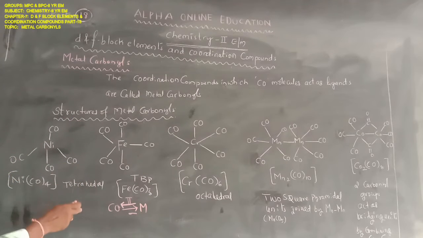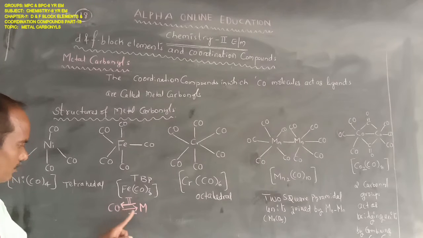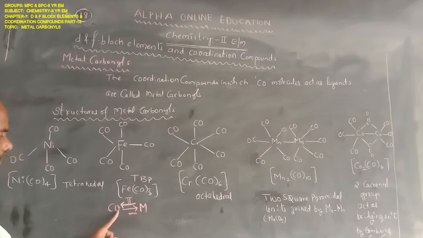In metal carbonyls, the bonding behavior is sigma and pi bonds. The sigma bond is formed from ligand to metal, because the ligand donates the electron pair to the metal. After formation of the sigma bond, the metal donates electrons to the vacant molecular orbital of carbon monoxide, and a pi bond is formed.